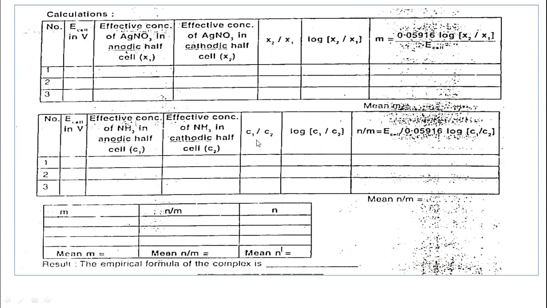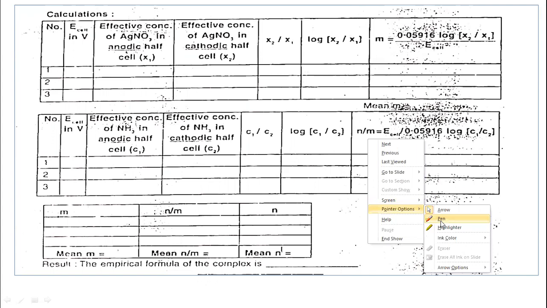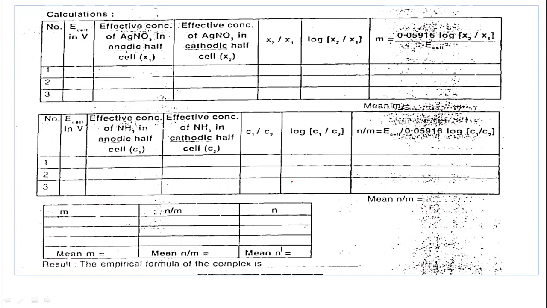We calculate C1 upon C2, log C1 upon C2, and in this formula N upon M is equal to EMF of the cell divided by 0.05916 multiplied by log of C1 upon C2. With the help of this equation we can determine the value of N upon M.